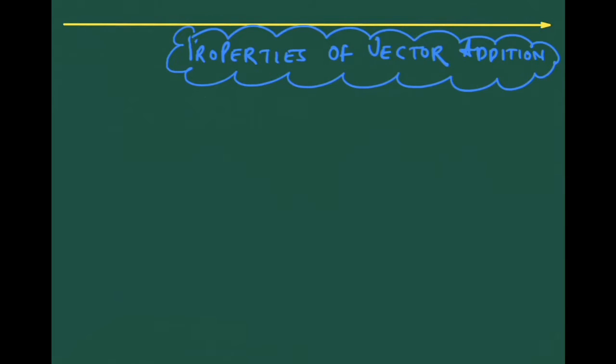Properties of vector addition. The first property is commutative, that is vector A plus B vector is equal to vector B plus A. This is commutative property of vector addition.